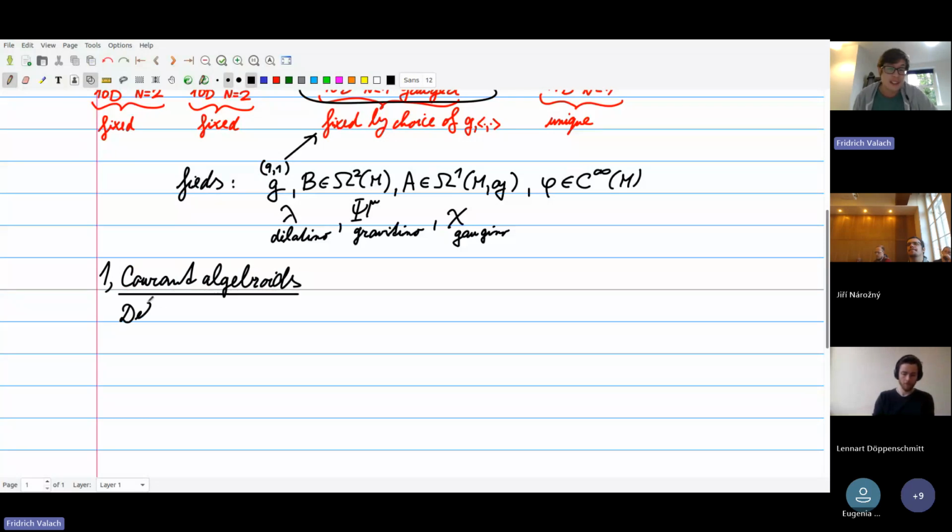The definition is that a Courant algebroid consists of a vector bundle. There is a bracket on the space of sections of this vector bundle, some bilinear operation. There is a pairing on the fibers.